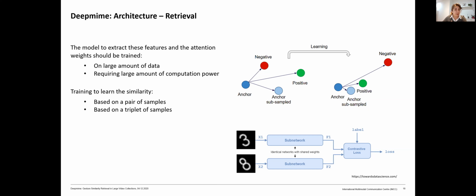One of these different methods is the triplet network, which takes 3 samples at a time and tries to extract the representation in a way that the anchor sample has the maximum distance to a negative sample, which is not similar to the one that we are considering, and has the closest distance, from the representation point of view, to a similar sample.